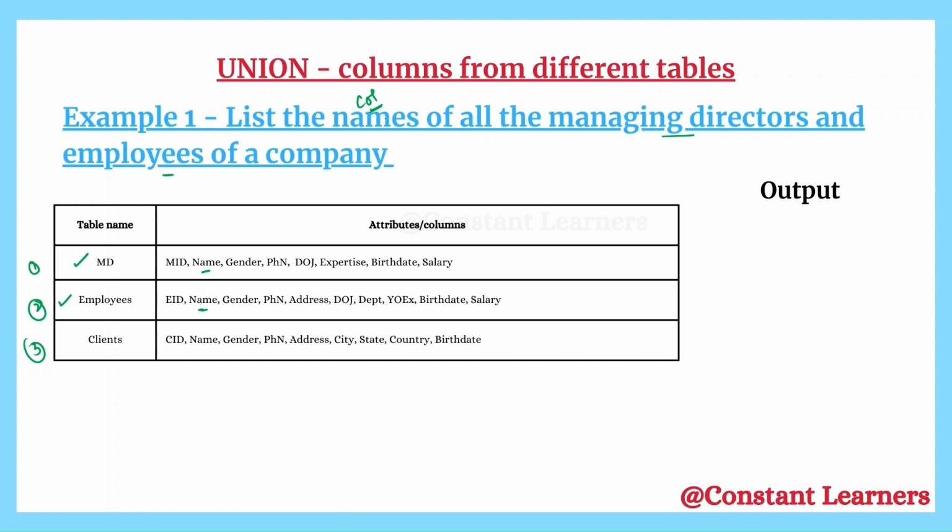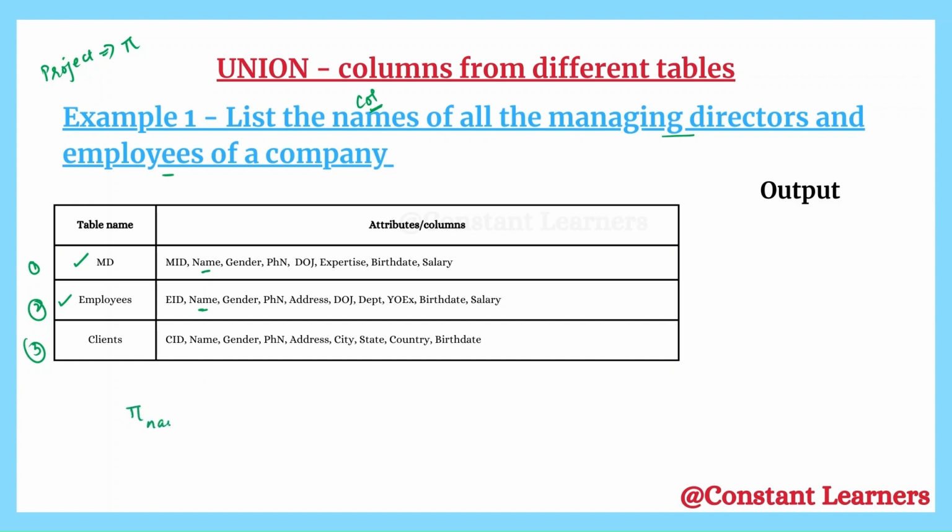Now, if you've watched the previous videos that I've posted about the select and project operations, you will know that whenever we need a column, we use the project operation, that is denoted by pi, right? So how are we going to write the query for this requirement? We're going to start with pi, that is project. What are we projecting?